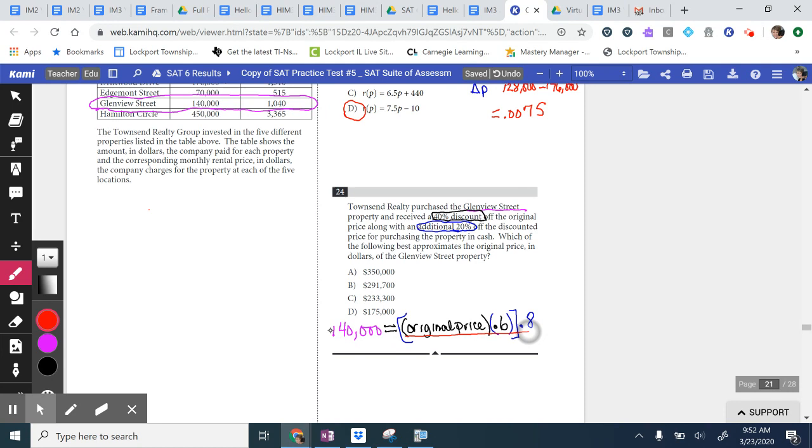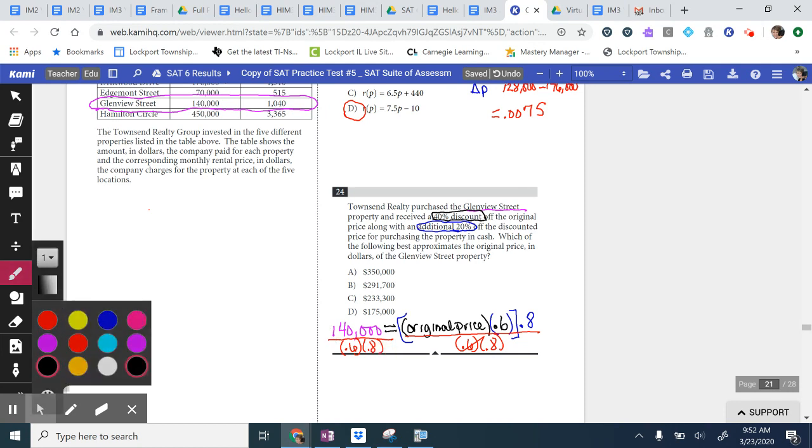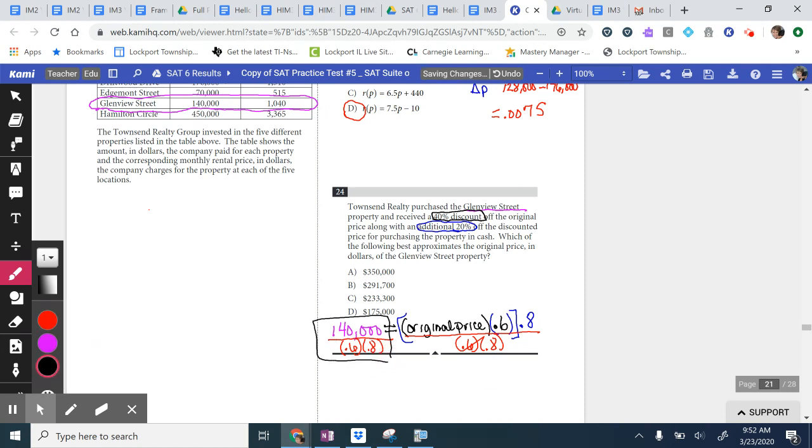So we would divide both sides by the 0.6 and the 0.8. And now we get our calculator, and this is what we put into our calculator, that expression that's going to give us our answer.